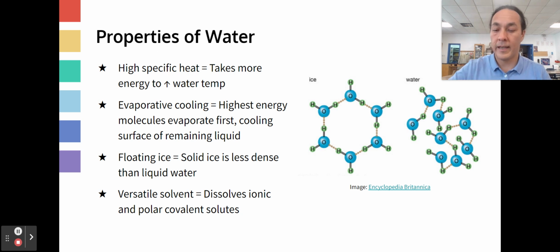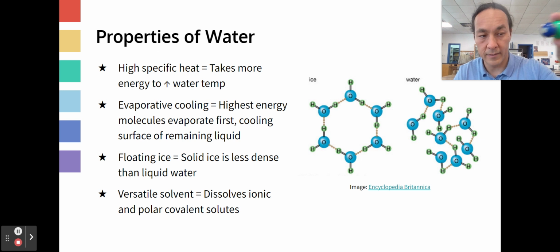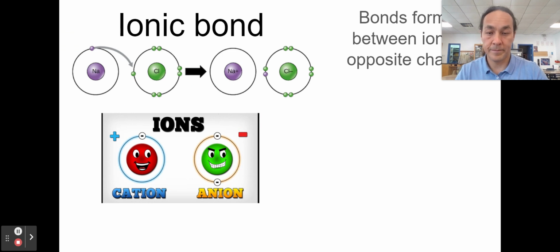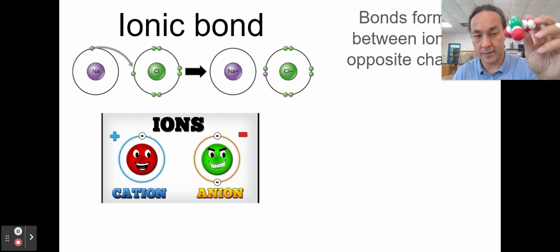It is also a universal solvent, so it can dissolve ionic bonds. Here would be salt, so NaCl. So the blue one is sodium and the green one is chlorine. And so here, if you put them in the water, because chlorine is negatively charged, it will get surrounded by all the positive hydrogens on water molecules.